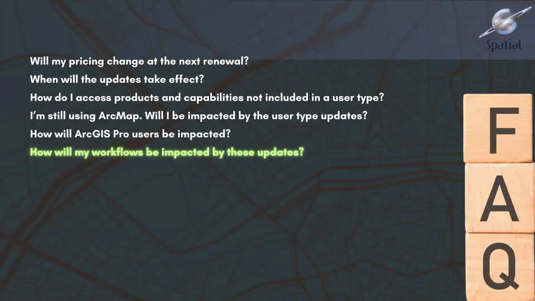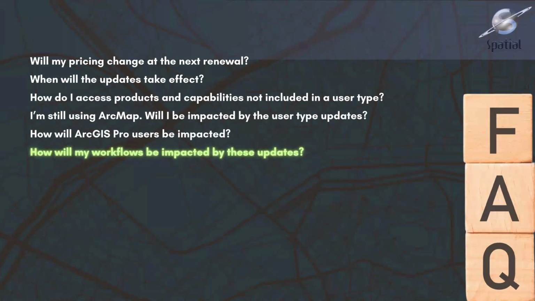And for our final frequently asked question, how will my workflows be impacted by these updates? Well, in a positive way. You'll get access to more apps, more extensions, content and capabilities. I know for Living Atlas, they've added much more content, much more imagery of the world. So more access to apps, extensions, content, and capabilities with the new user types.